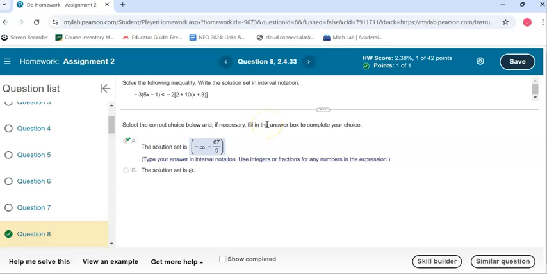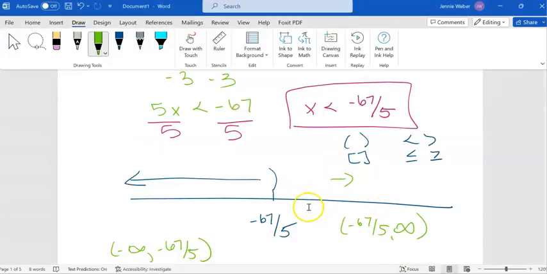It's just like solving an equation, except you have to watch if you divide or multiply by a negative number. And then I usually choose to graph it, because it helps me physically think which direction I am going. And then we write it in interval notation.